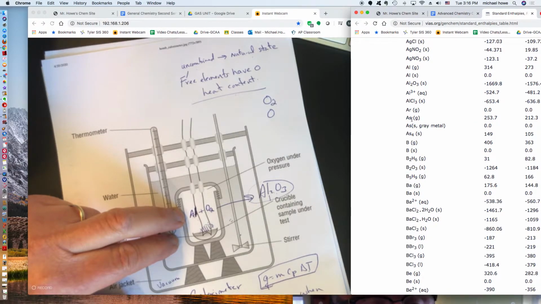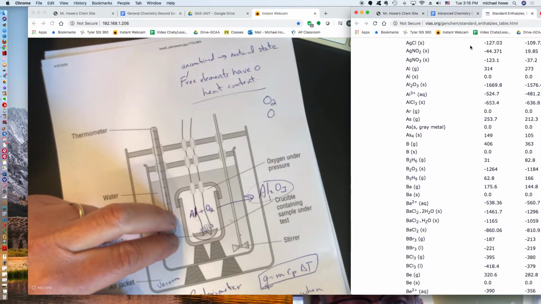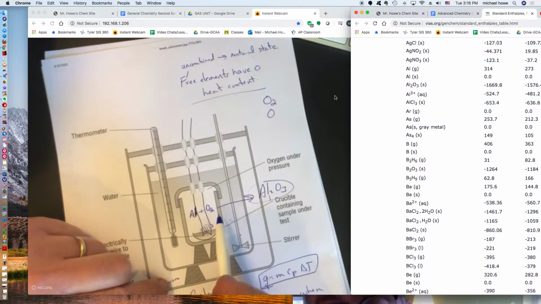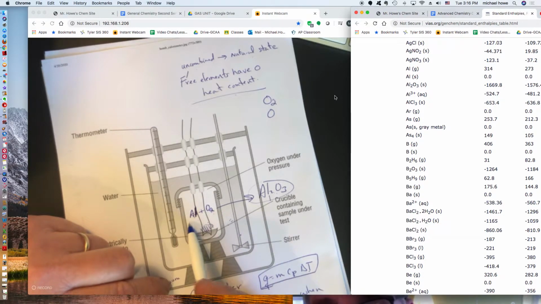Arsenic is normally a solid too, and in its normal state, it's 0. Barium, normally a solid. See, all these elements in their normal states are defined as 0. Compounds then, heats of formation of compounds are the energy change when a compound forms from the free elements.